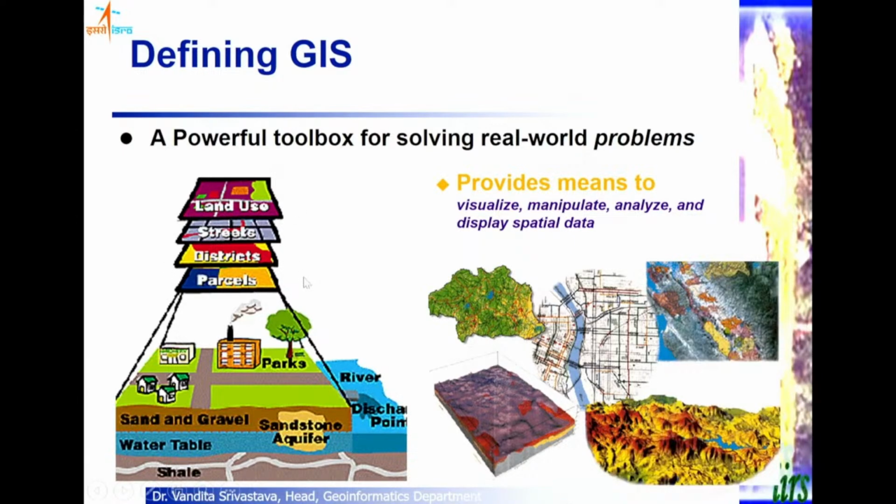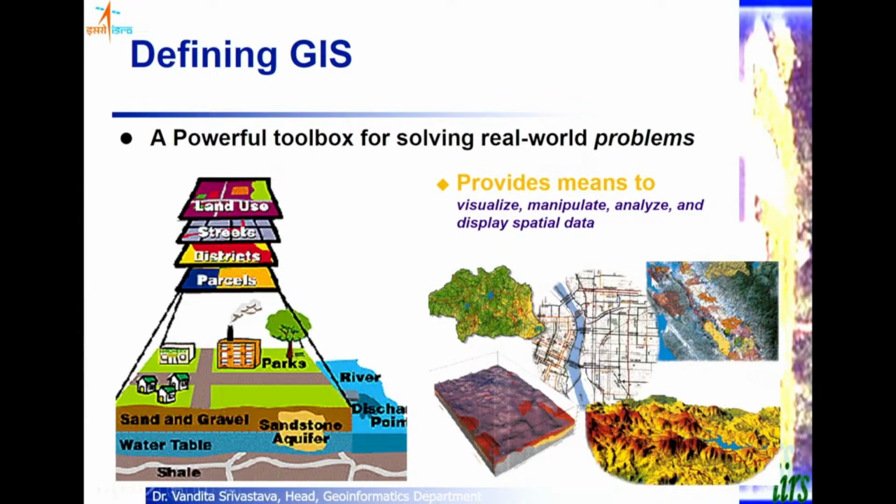We can have an administrative map, a road map, land use, land cover, or specific domain type maps such as soil types, geology, the lithology. Various layers we can extract as thematic or administrative layers, and then we try to build a computer system having all these layers and integrate these as a model, and then we try to find answers to our problems. So that is a typical GIS workflow.